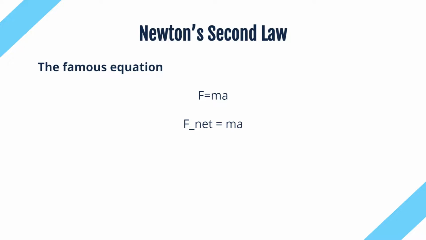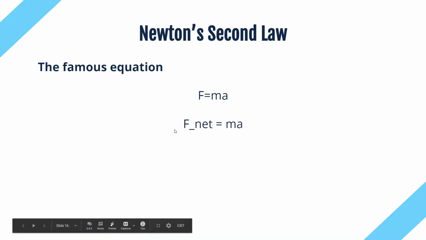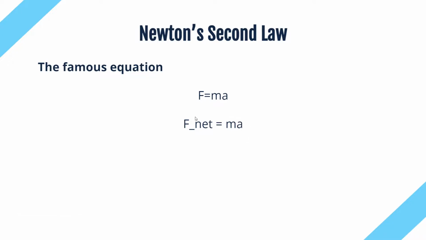So usually we are more concerned with this F net equals ma. Essentially this net just means net force. So it means that overall, if I have 1 Newton of force, don't forget Newton was so famous that the unit was named after him. If you have 1 Newton of net force, then I will be accelerating in one direction, and that direction must be the same direction as the net force.